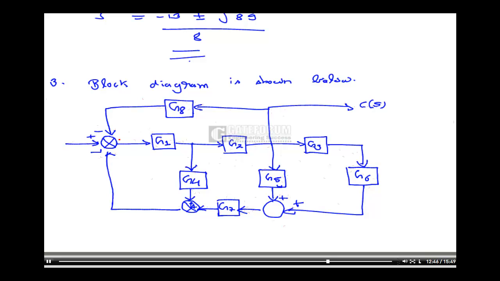For this block diagram I have to find the transfer function C(s) by R(s). We have to see the number of forward paths, number of loops, number of non-touching loops taken 2 at a time if any, and non-touching loops taken 3 at a time if they are present.